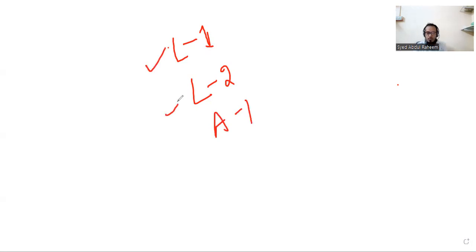So in the previous class, we talked about L1, L2, and A1. So basically, for L1 and L2, the full form of L is lymphaticus.